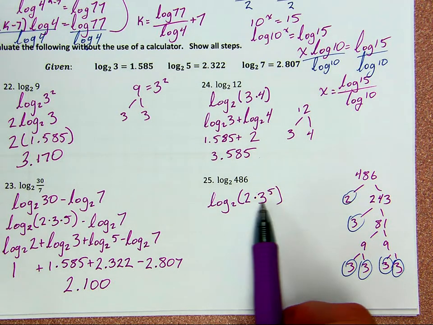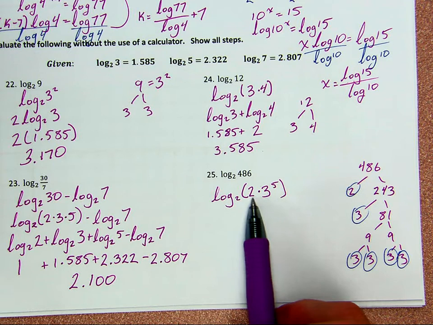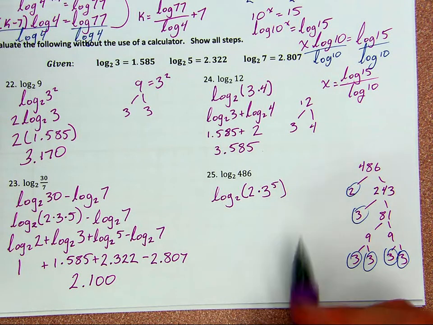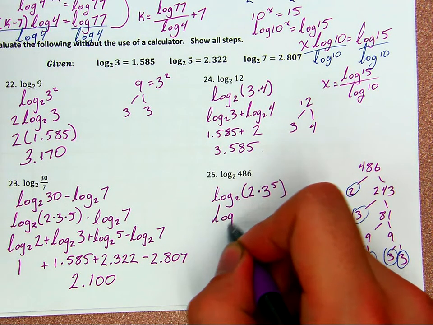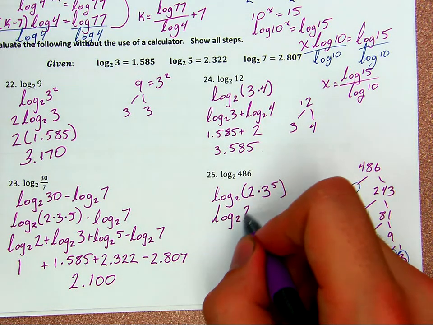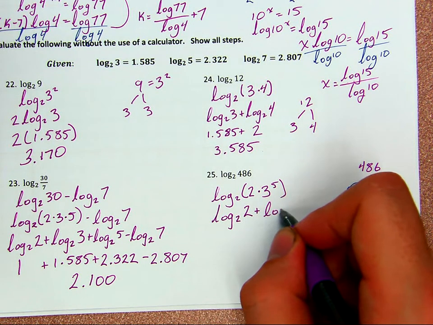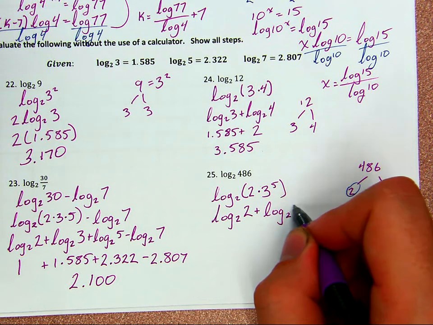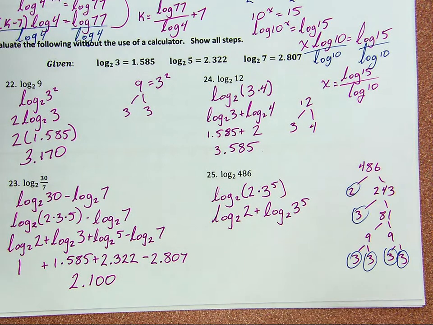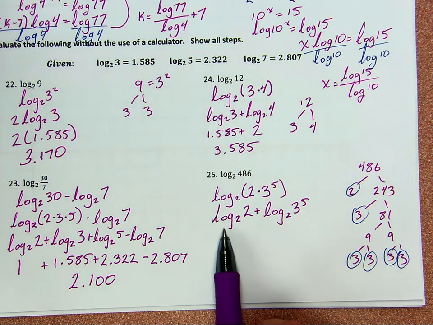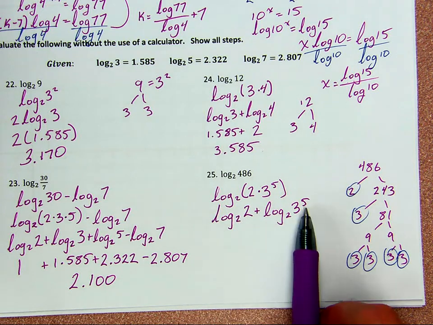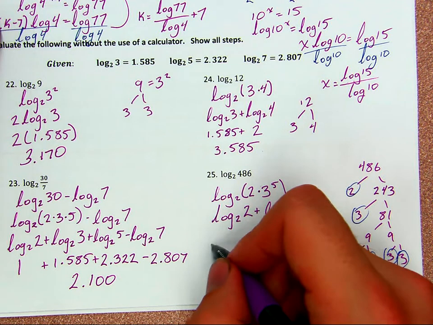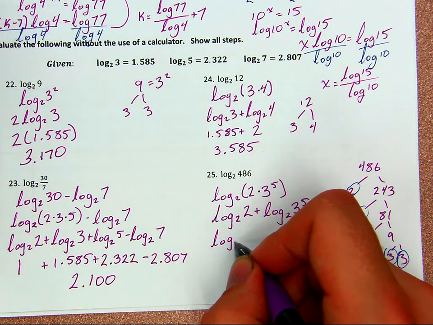Log base 2 of 2 plus log base 2 of 3 to the 5th. Now wait on evaluating this part because we need to use the power rule to take that 5 and move it to the front of the log. Log base 2 of 2 plus 5 times log base 2 of 3.